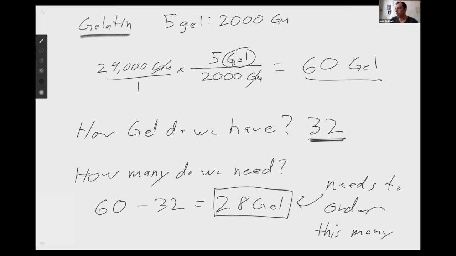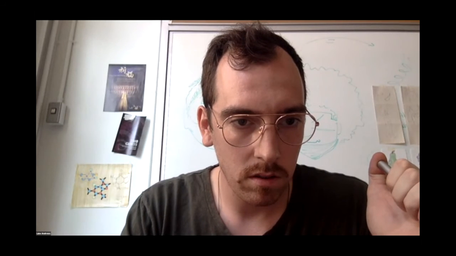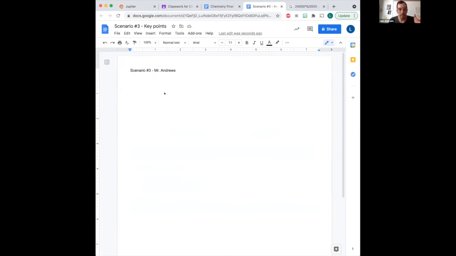This is my calculation for gelatin. I would take that screenshot, or if I was doing it on paper, I would just take a picture and put it into this document.